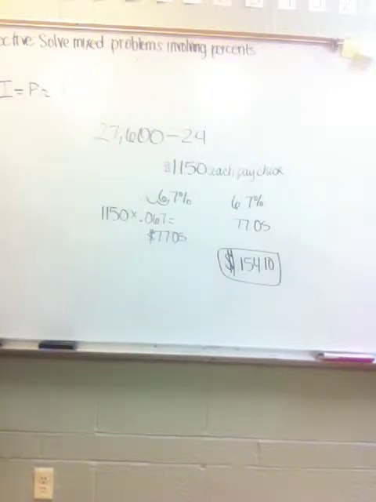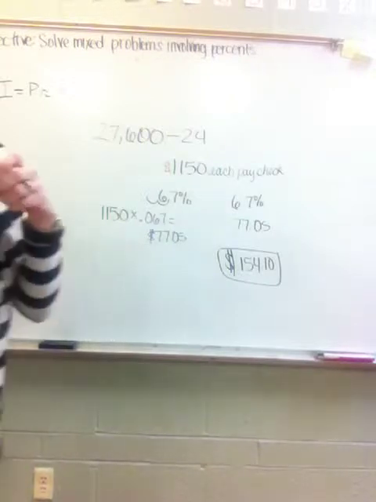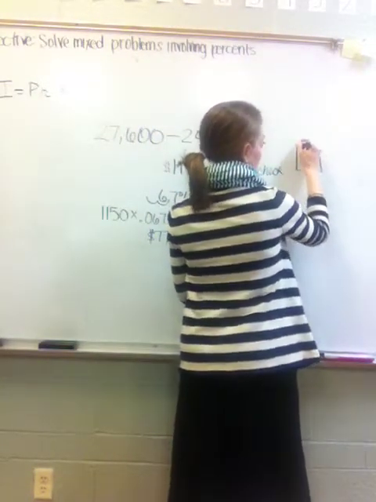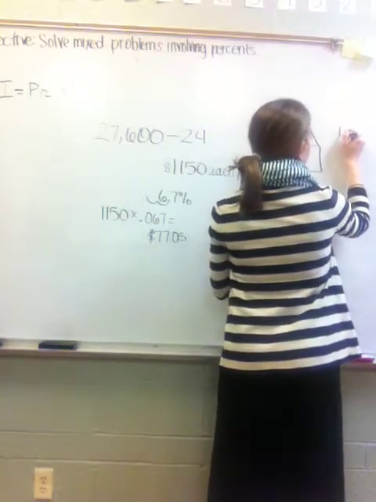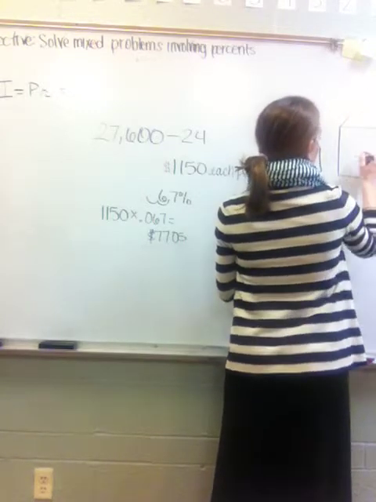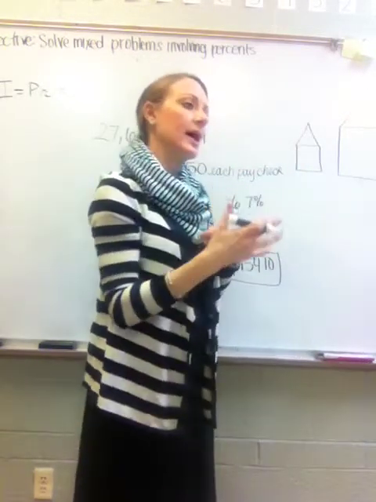All right, let's go ahead and read through this example. Property taxes in Jackson County are $1.42 per $100 of assessed value of the property. Let me tell you what this is saying. Say you own a house. They have to figure out how much to tax you. They want to keep it fair and make sure that everybody pays the same amount of taxes no matter how big your house is.